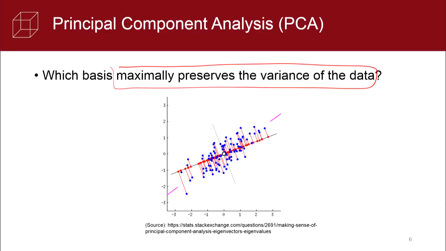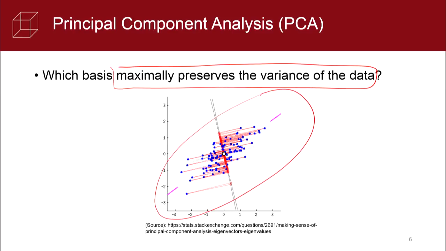If you take a look at this graph, the data varies along this diagonal line, right? And there is a line which is rotating. When the line rotates, you see the red dot.